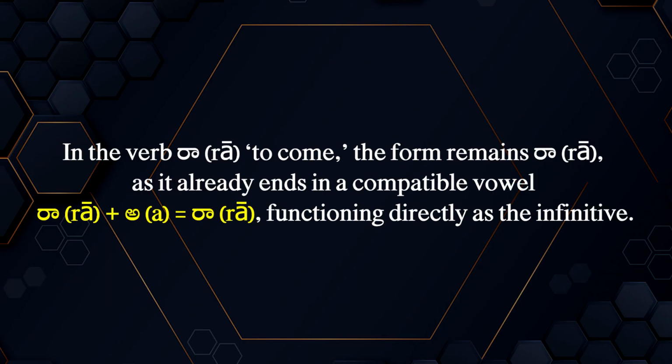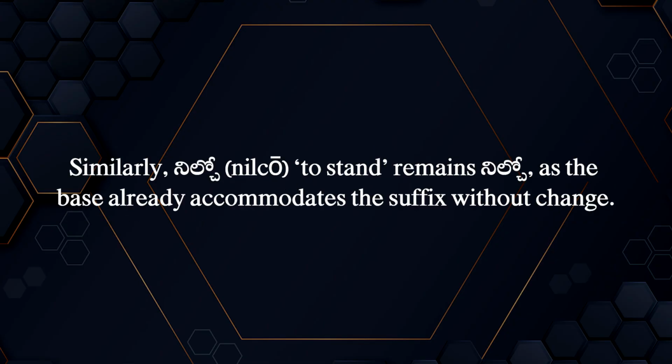In the verb ra, to come, the form remains ra as it already ends in a compatible vowel; ra plus a, ra, functioning directly as the infinitive. Similarly, nilcho, to stand, remains nilcho as the base already accommodates the suffix without change.